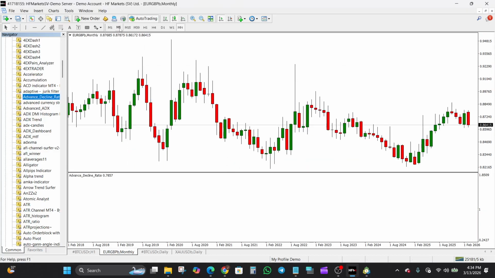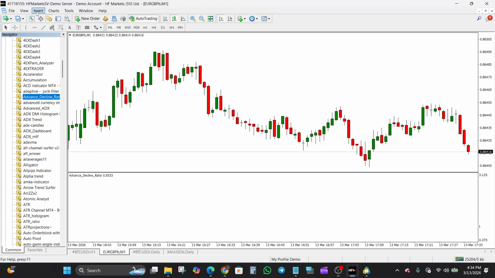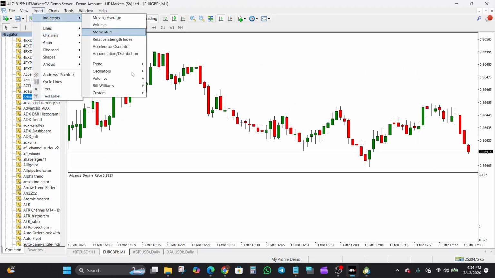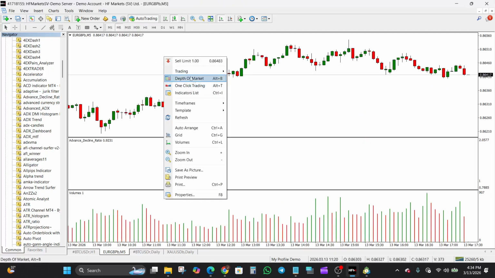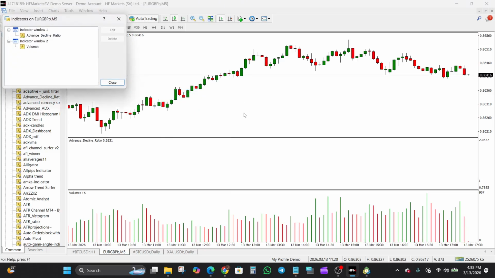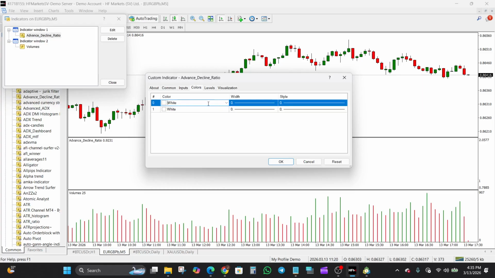Okay, let's also add some volumes. Okay, so basically advanced decline line, volume indicators, market breadth indicators. These are tools that help measure the overall strength behind price movements. All right.